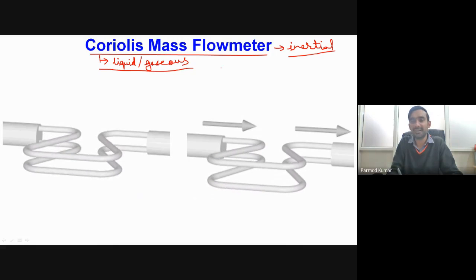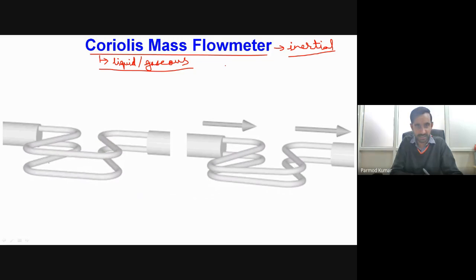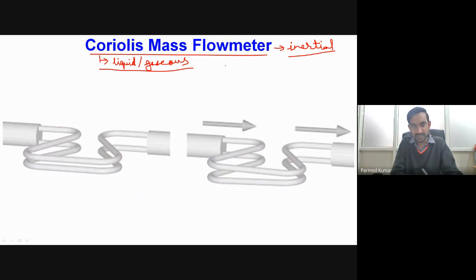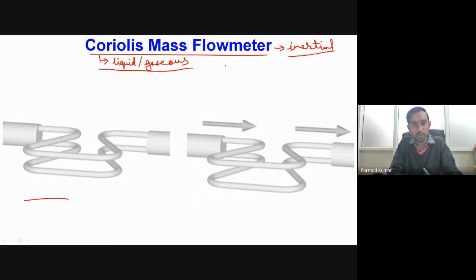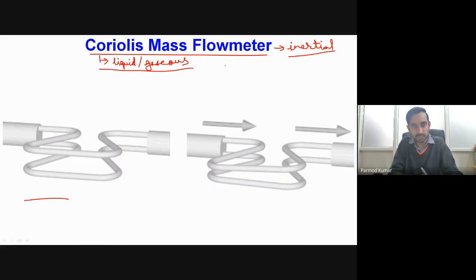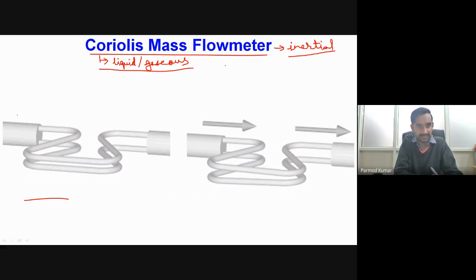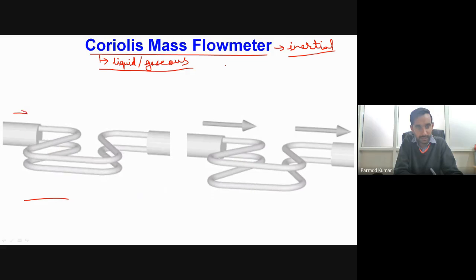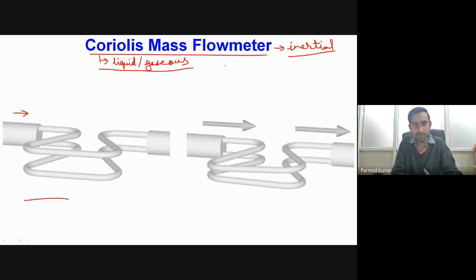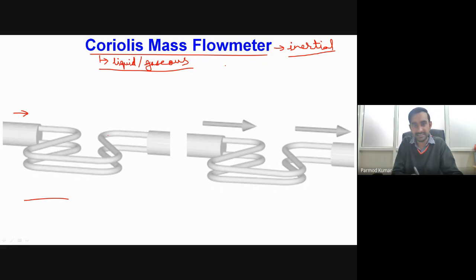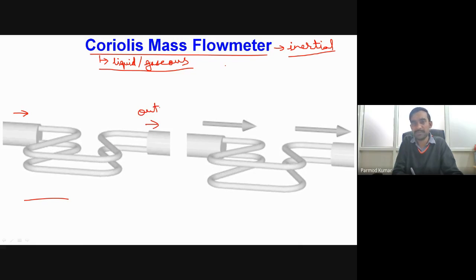So basically, the general structure is that we are having some tube structure. You can see in this particular animation on the left hand side we are having two tubes. This tube structure is something like a triangle, and you can consider that while fluid is flowing, flow will be coming from left to right, flowing inside the tubes, and then through this particular exit we will be having the outlet of the fluid.